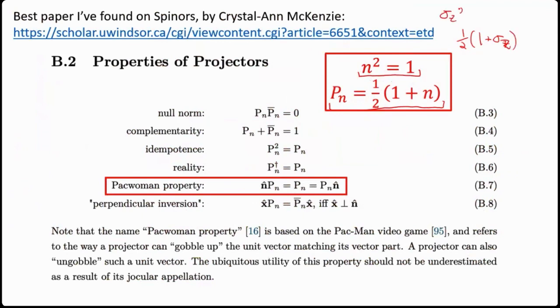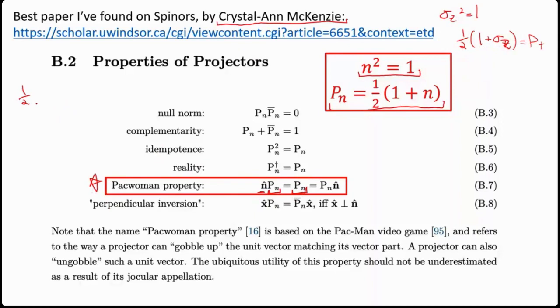Sigma z squares to 1, so it's a unit vector, and that gave us P plus. And there's this magical property, from Crystal and Mackenzie's thesis, she calls it the Pac-Man property. Basically, if you have a projector defined with n, and then n multiplies onto it, the n can basically disappear.